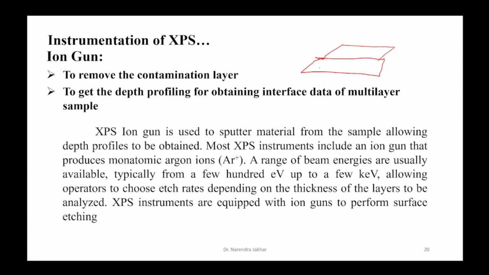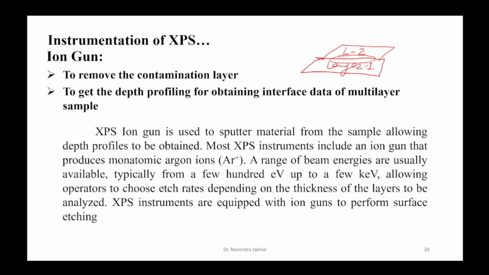Suppose that this is one layer, this is layer 2, and you want to observe data from this interface, and you are interested that some physics or some chemistry is lying there and makes this very interesting.